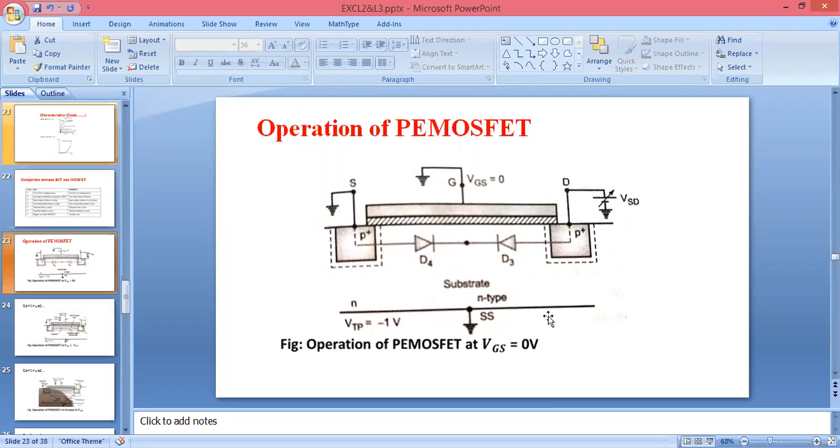Why am I talking about VSG here instead of VGS? Because in N channel enhancement MOSFET we are taking two heavily doped N type regions, but in the P MOSFET, we are taking two heavily doped P type semiconductors. That's why here we have to give VSG. Otherwise you can say we have to give minus VGS. Both have the same meaning.